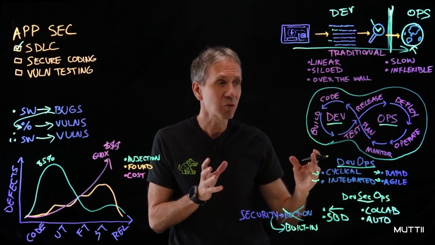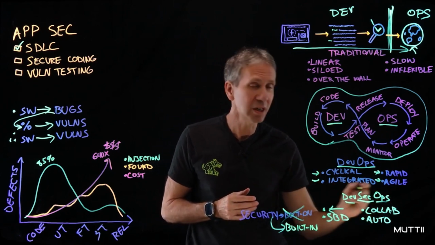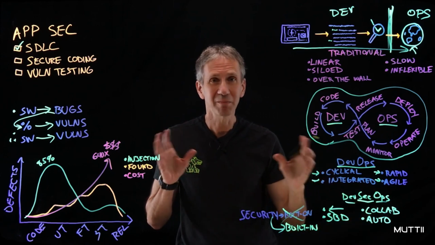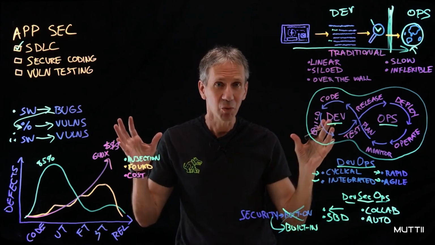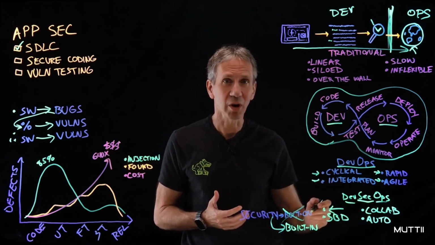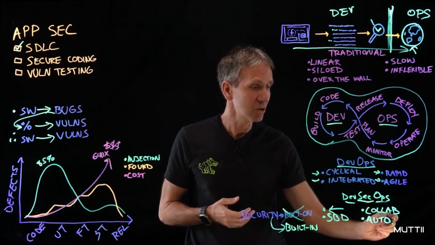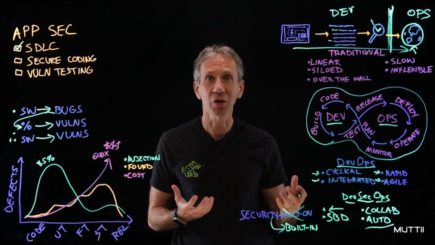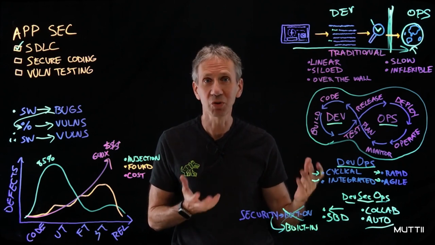Then we're going to create collaboration among what have been traditionally 3 different groups that maybe didn't always talk together. But with DevSecOps, we have it all working together with a lot of collaboration, a lot of feedback, and then ultimately try to leverage a lot of automation. I'll talk about that in terms of tooling a little bit later in the video.